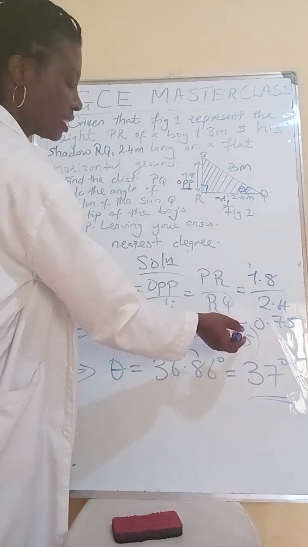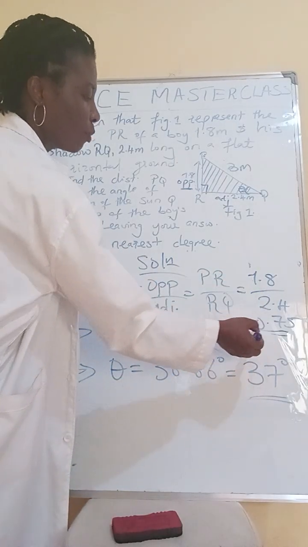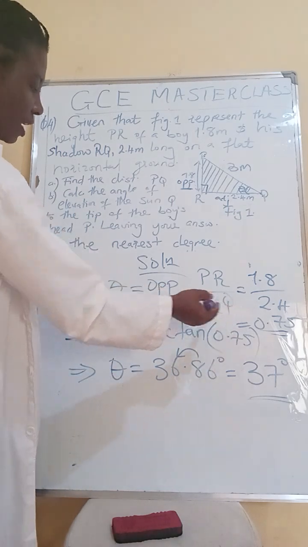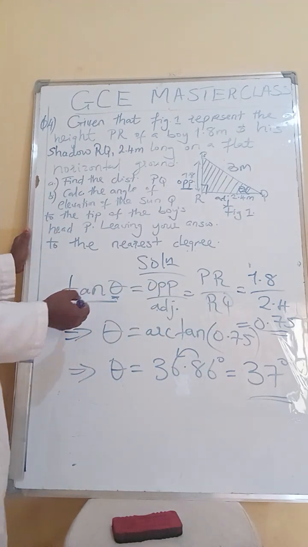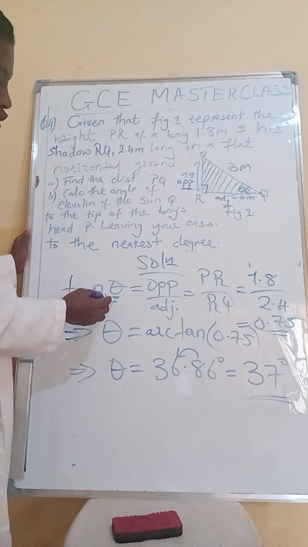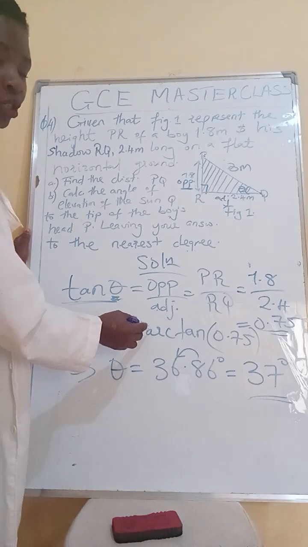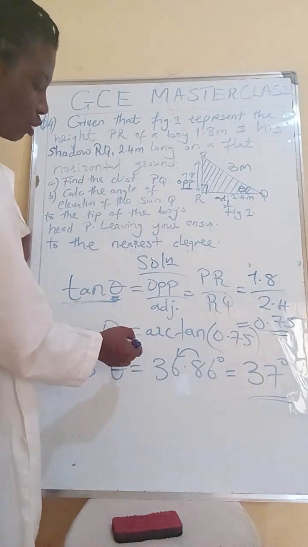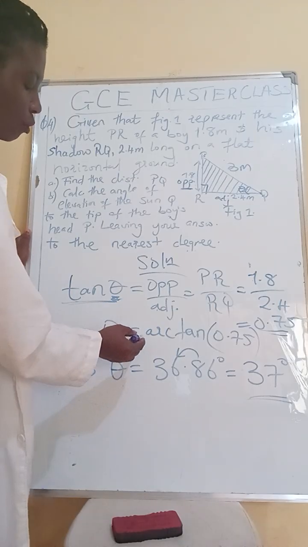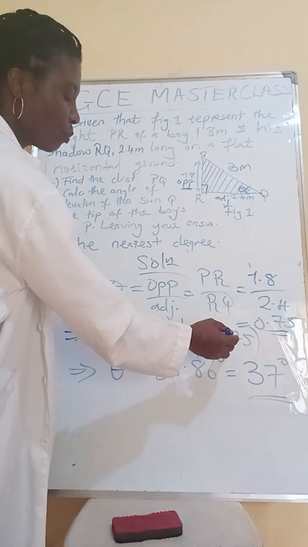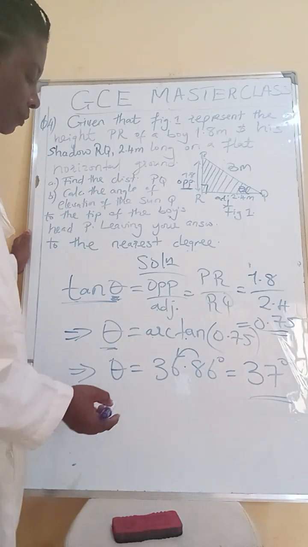When you divide this, it gives us 0.75. Since we are looking for the angle, not tan theta, we use the inverse tangent, so theta equals arctan of 0.75.